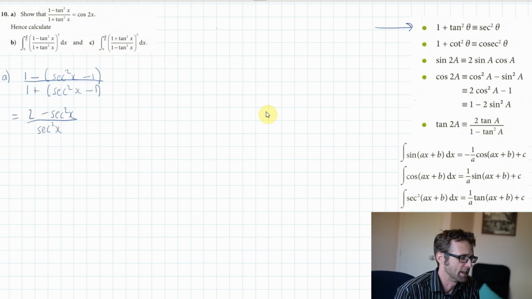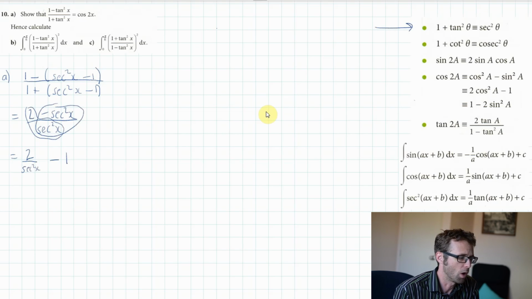Now, next step, that is the same as 2 over sec squared x minus 1. What I've done here is put the 2 over sec squared x as my first term, and the minus sec squared x over sec squared x gives me my minus 1.